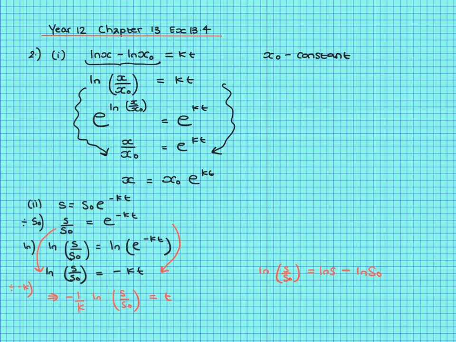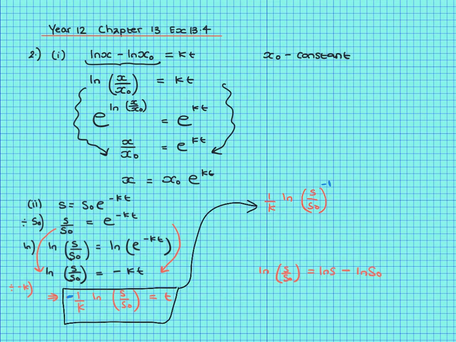Now in the answers you will notice that the final answer for t looks slightly different because they've done a final stage of manipulation here. So let's just work through this. What they've done is take this negative here and use it as a power. So they've moved the negative up to the power.